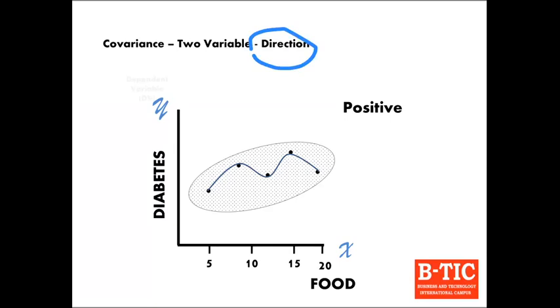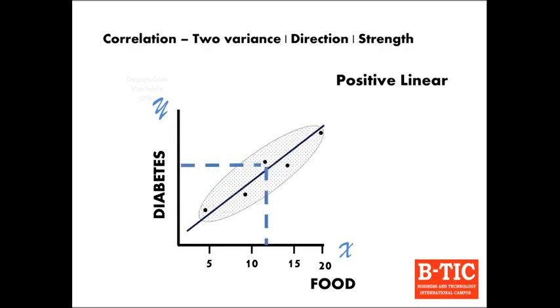And if you want to study the direction as well as the strength of the relationship, how strong the connection is, we can analyze that using correlation, where we use two variables as usual, and we get the direction, either positive or negative, and further the strength of the relationship.